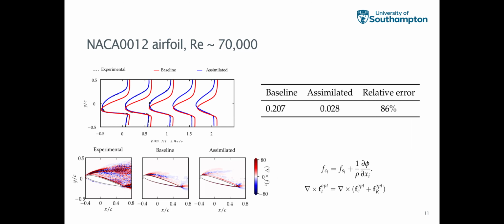So this is beneficial for those looking to do some sort of machine learning applications for regressing the Reynolds stress term. So this shows that it's quite well matched with the experiment.